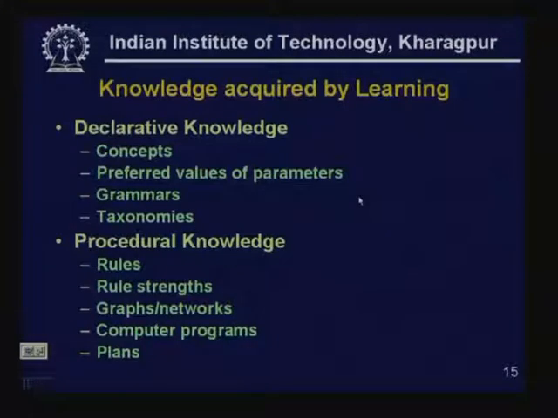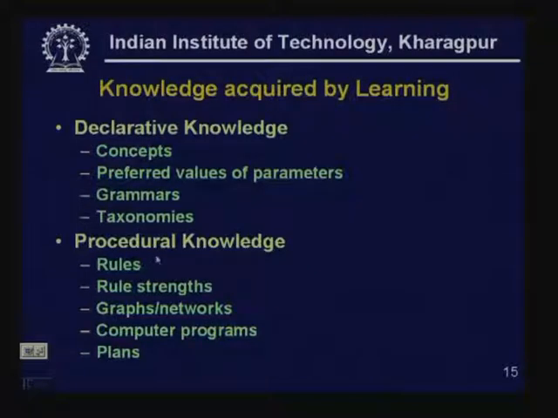Now, what are the types of knowledge that can be acquired by learning? The type of knowledge can be declarative knowledge, that is knowledge which can be expressed in terms of concepts, in terms of preferred value of parameters, or in terms of grammars, or in terms of taxonomies. The knowledge acquired by learning can alternatively be expressed as procedural knowledge.